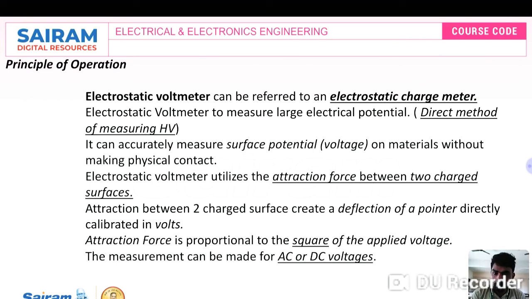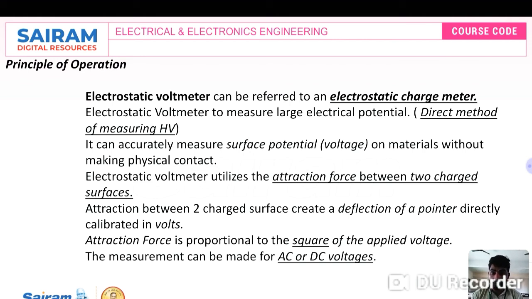The electrostatic voltmeter utilizes the attraction force between two charged surfaces. Even though there is attraction and repulsion in charged components, the attraction between two charges gives the deflection of a meter, and it gives a reading according to the electric charge potential.